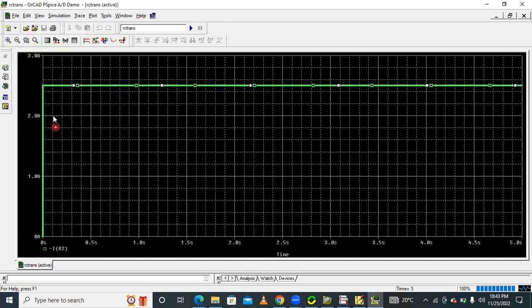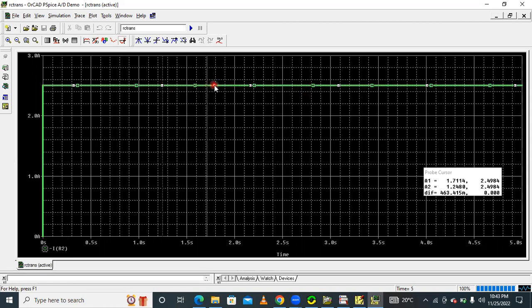Under steady state condition, enable toggle cursor like this. Here the current is 2.49, so 2.5 amps. The current flowing into the 6 ohm resistor finally is 2.5 amps. Like this we have to verify results by using PSpice. This is about transient analysis of a series RC circuit.